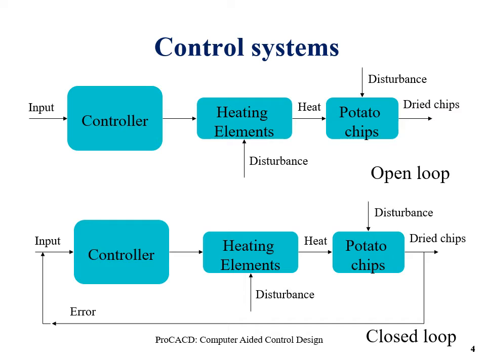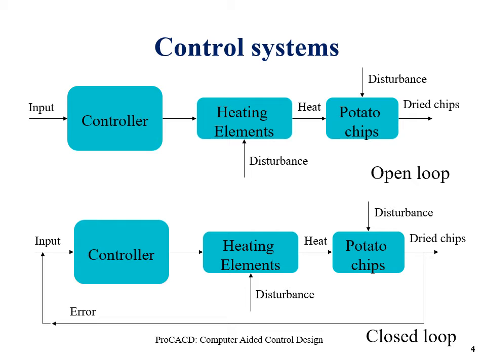In the closed loop, we'll have a sensor on the dried chips coming out at the last process step. Here the sensor will take the water content from the chips and send this value back to the controller. We always have the desired water content, which is our set point value for the chips.